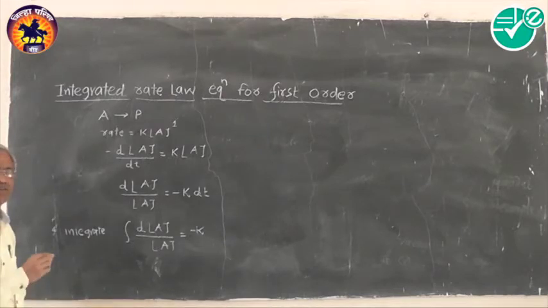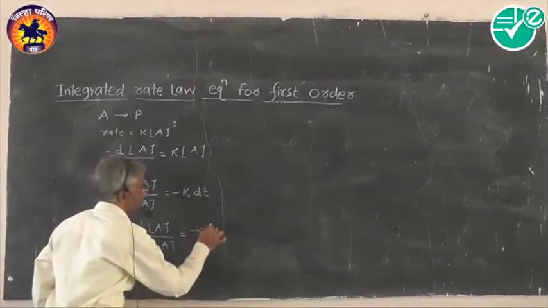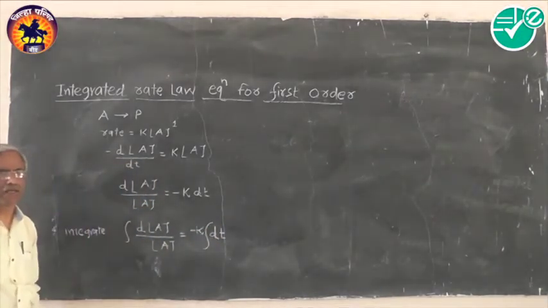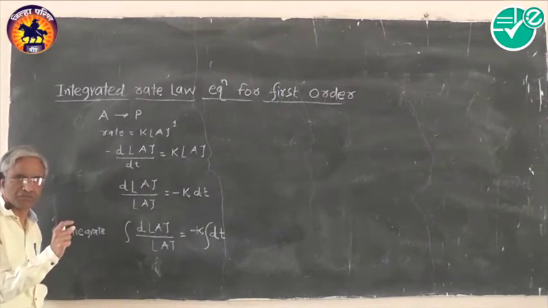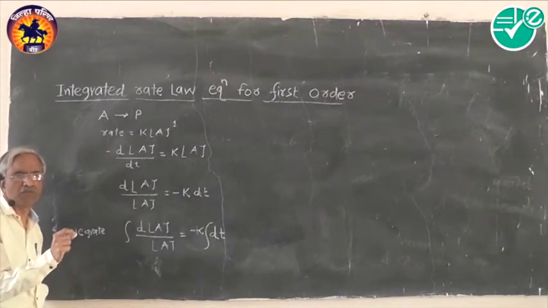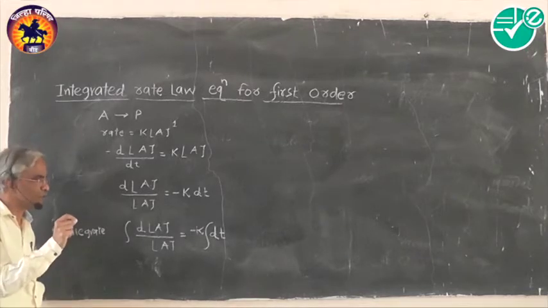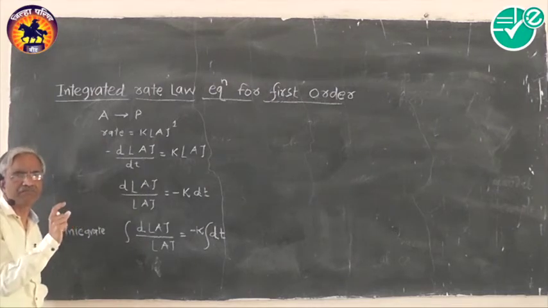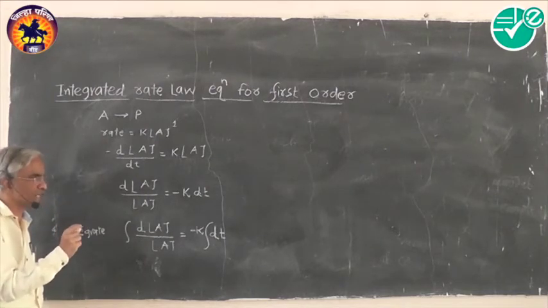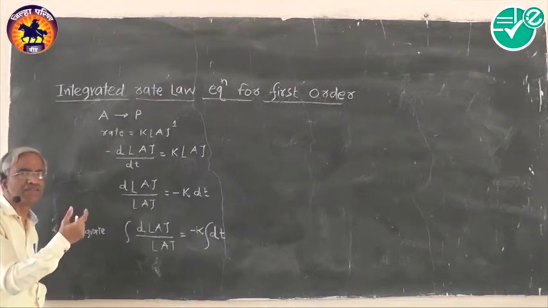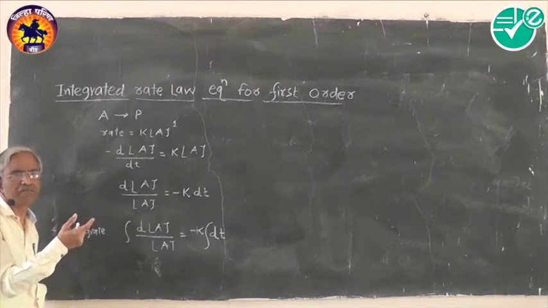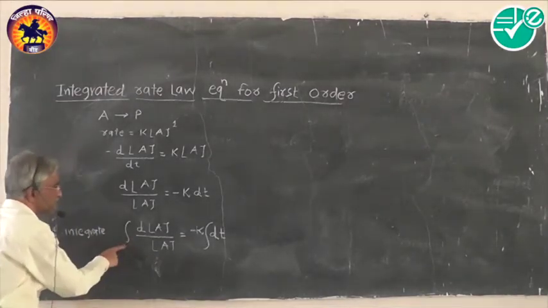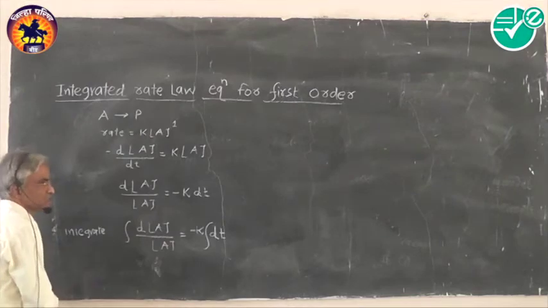Therefore we are not differentiating K. Now as I have already said, the integrated form gives you the opportunity to calculate the concentration at a certain time. Using that we can also calculate how much amount has been left behind at a certain time and how much amount has reacted, and for that purpose we integrate the equation within limits.